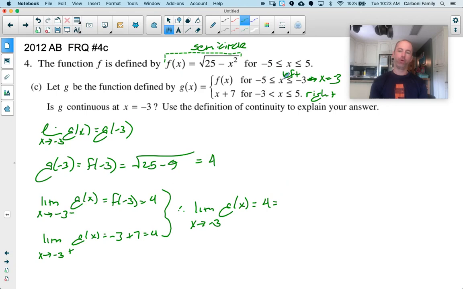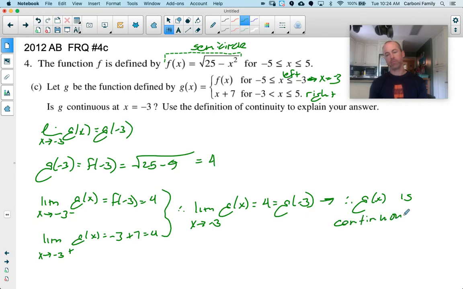And 4 was also the answer to g of negative 3. And because the limit as x approaches negative 3 of g is equal to g of negative 3, I can conclude that g is continuous at x equals negative 3.